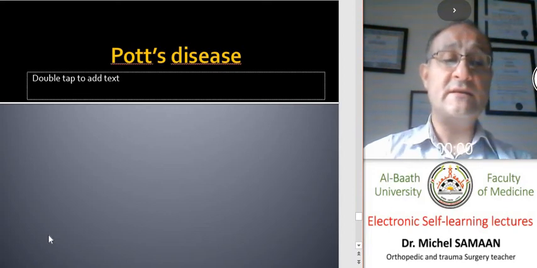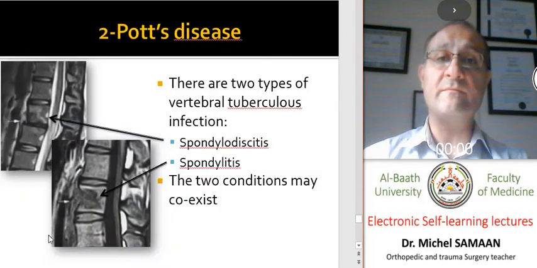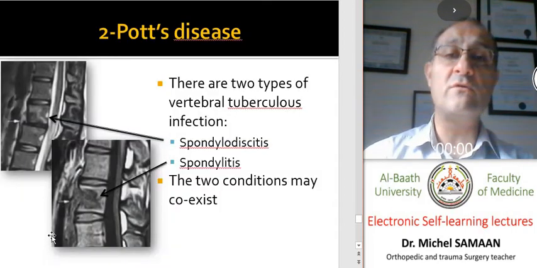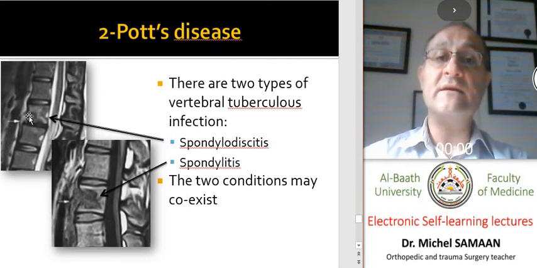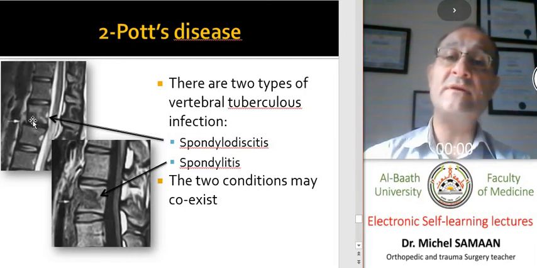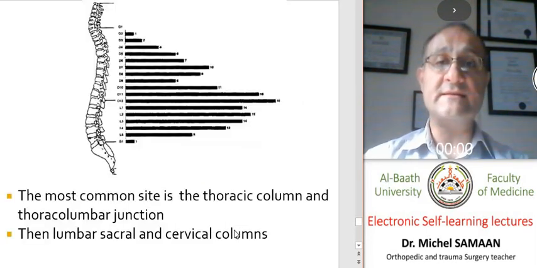Pott's disease is a special case of tuberculous infection in the vertebral column. We have 2 types of vertebral tuberculosis infection. Either spondylitis, that is infection of the vertebral body, or spondylodiscitis, that is infection of the vertebral body and the intervertebral disc. And the 2 conditions may coexist.